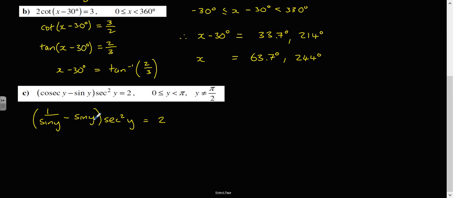So turning sine y into a fraction over sine y becomes 1 minus sine squared y divided by sine y. Hopefully you can see that. To turn this into a fraction where the denominator is sine y, we have to multiply this by sine y. So we then have sec squared y.